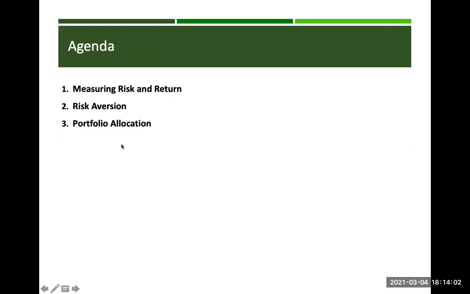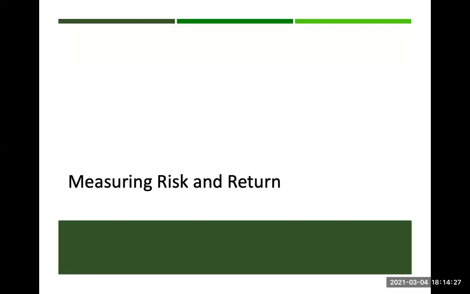We're going to be talking mostly about just measuring risk and return. We're not going to get into risk aversion, which usually has some squared component or variances in there. We're not going to get into portfolio allocation. I want you to have time for that to really sink in and a chance to practice it before I test you on it.